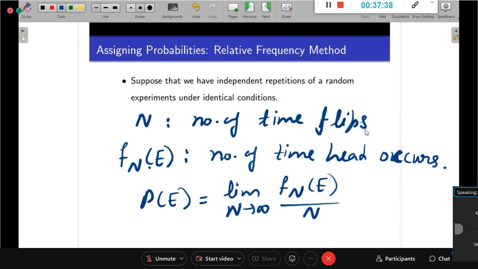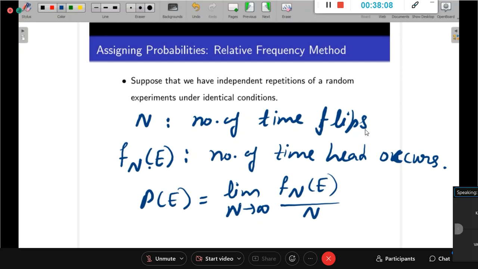But certainly sometimes it may help you in special cases for assigning probabilities. But this is not very favorable to all. This is why a proper axiomatic approach needs to be defined, which will address everything.